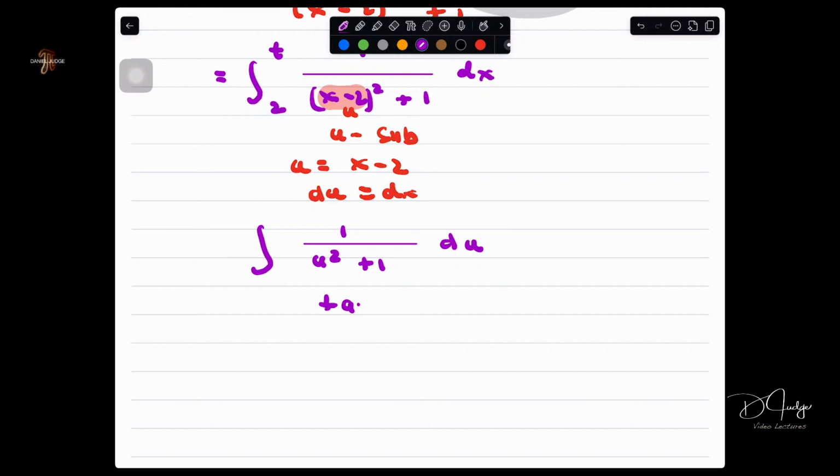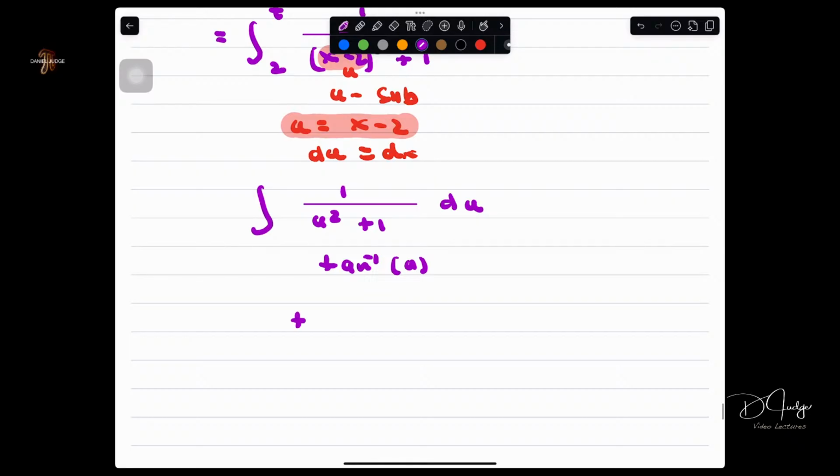This is inverse tangent u, where u is x minus 2. So we get inverse tangent of x minus 2. We evaluate this from 2 to t.